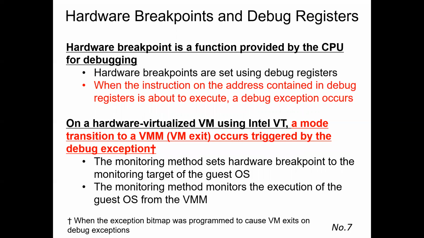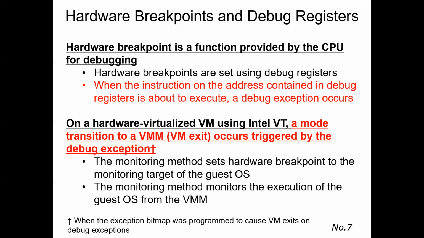Hardware breakpoints are a function provided by the Intel CPU for debugging. Hardware breakpoints are set using debug registers. When the instruction at the address contained in debug registers is about to execute, a debug exception occurs. On a hardware-virtualized VM using Intel VT, a mode transition to the VMM, which we call a VM exit, is triggered by the debug exception.